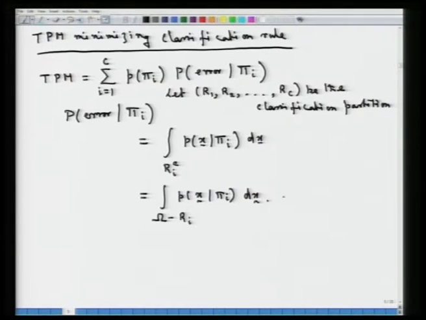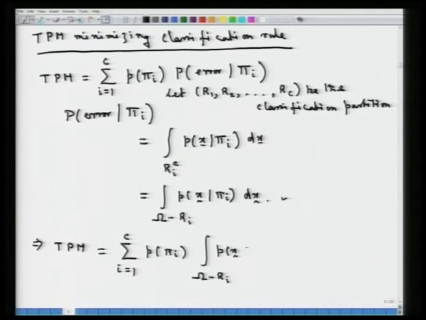Now, if the error is given by this particular expression, then this would imply that the total probability of misclassification for this multi-class problem is given by summation i equal to 1 up to c of p of pi i into the integral over omega minus Ri of p of x given pi i. Now, let us see what this is equal to.